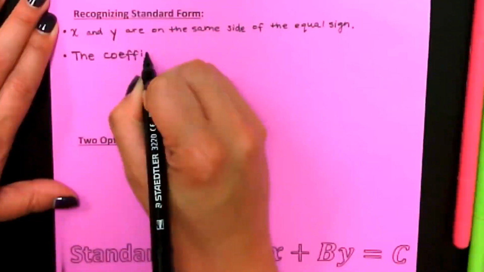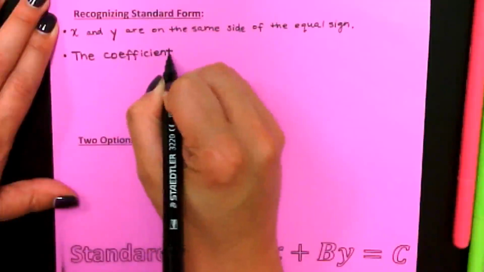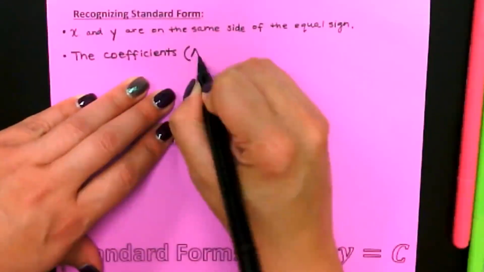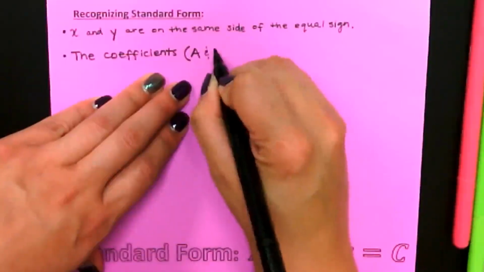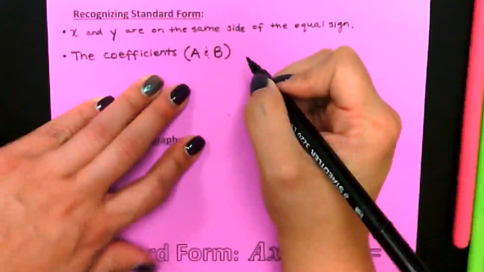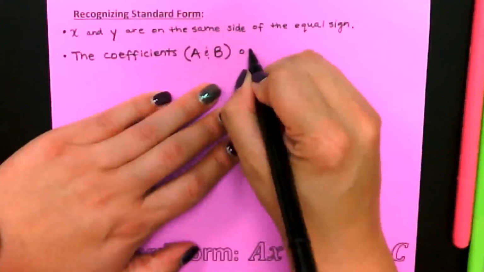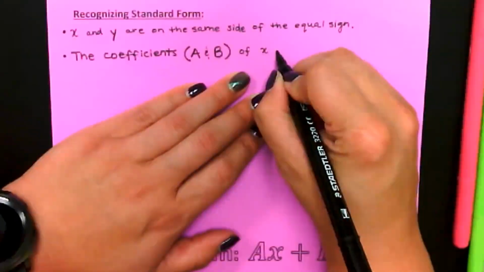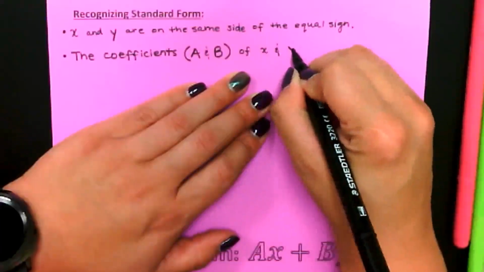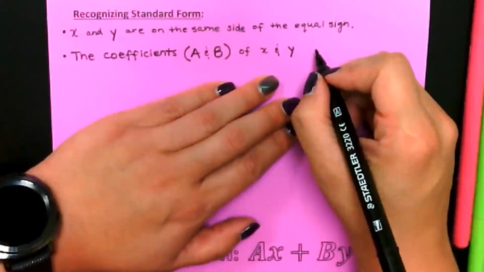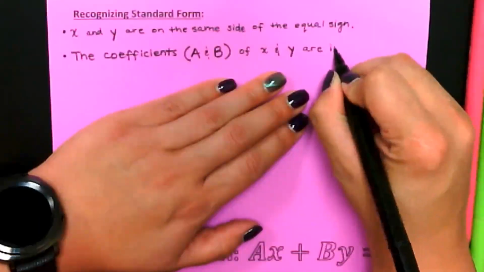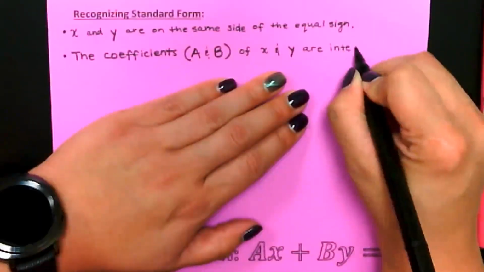The coefficients. Notice this time they're capital letters, A and B, the coefficients of x and y are integers. This one is super important.